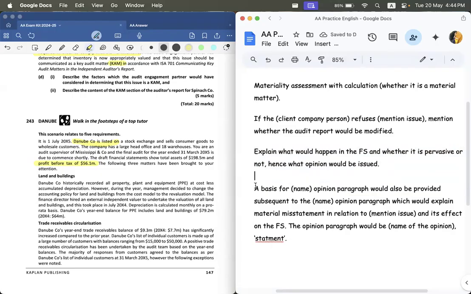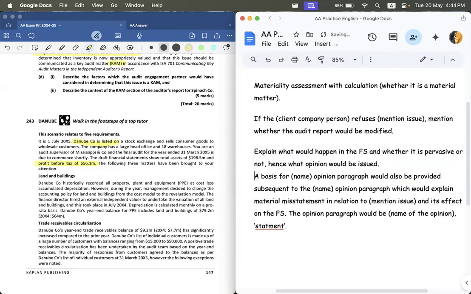So that is what you mention here. And then you're going to say that after all this, a basis for opinion paragraph would also be there. If the auditor's report is unmodified, then a basis for the opinion paragraph would be there. If it is modified, and it is a qualified report, then a basis for qualified opinion paragraph would be there. Clear?